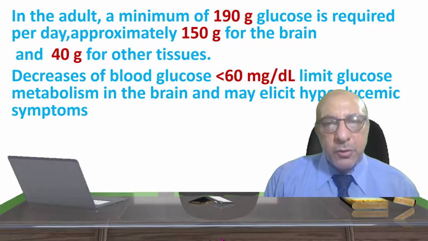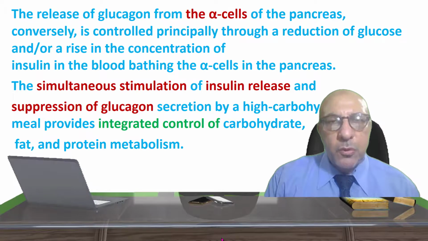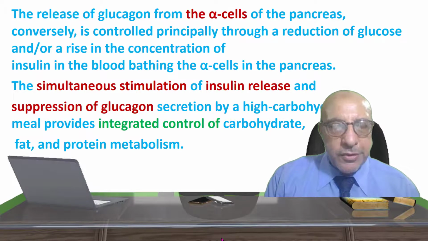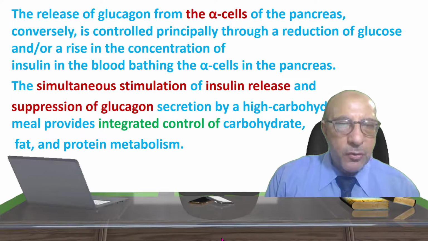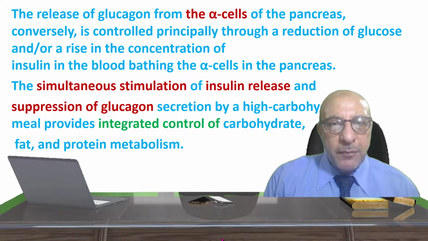So we have here a sort of balance between the action of insulin and glucagon. Insulin works to keep the excess glucose after meals in the form of glycogen, fats, and proteins, while glucagon will maintain the supply of glucose between meals and in the fasting state.